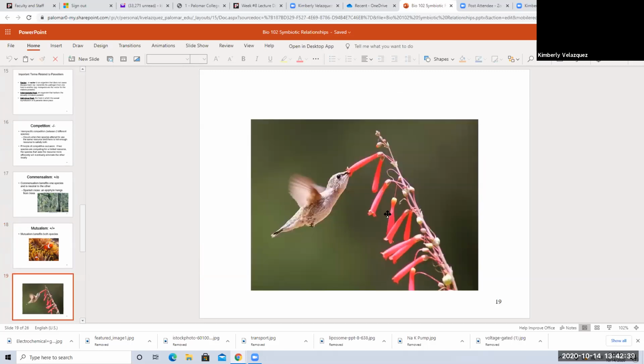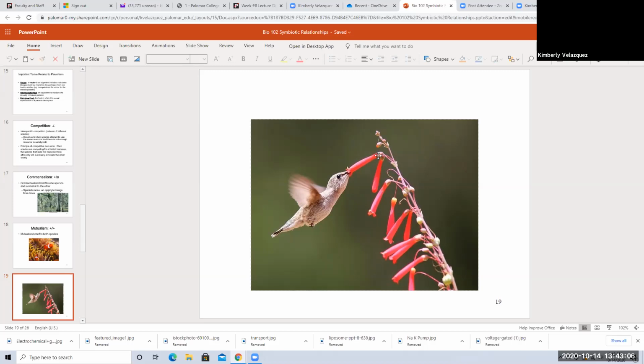One of the most interesting relationships, I think, that's mutualistic is that between the pollinator and the plant that it pollinates, because this hummingbird has a very close relationship with this plant, so close that its beak length is exactly that necessary to get the nectar from this flower.